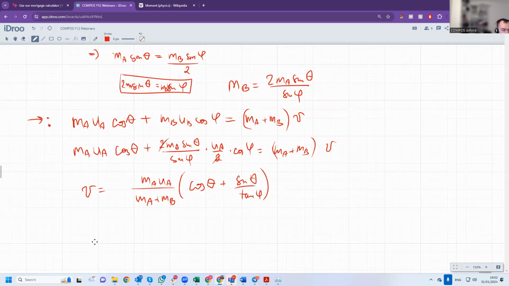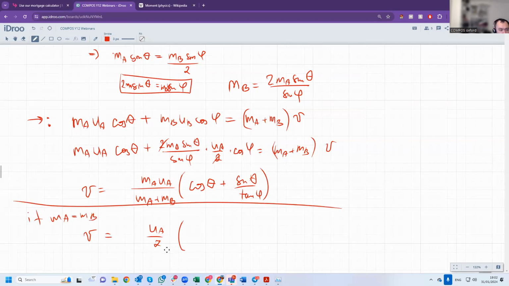And of course, if they're the same mass, V is equal to UA over 2 cos theta.